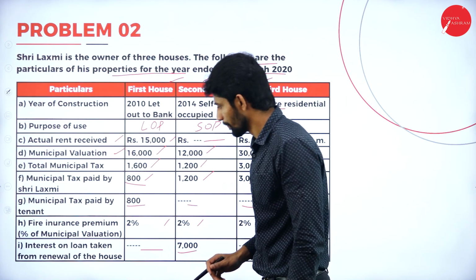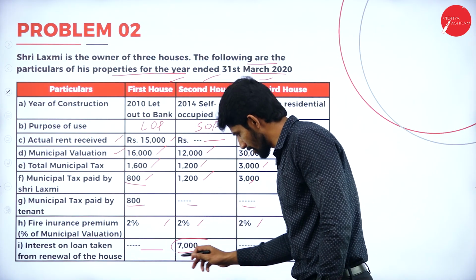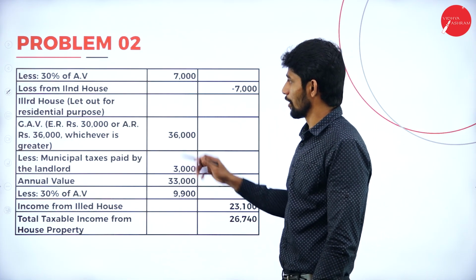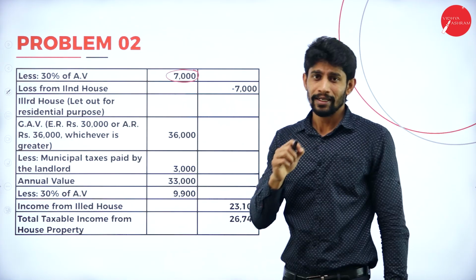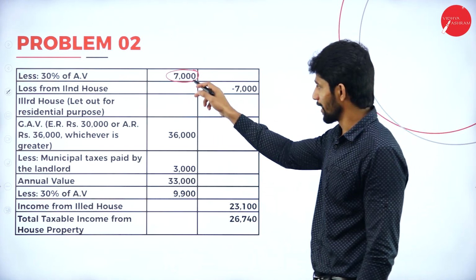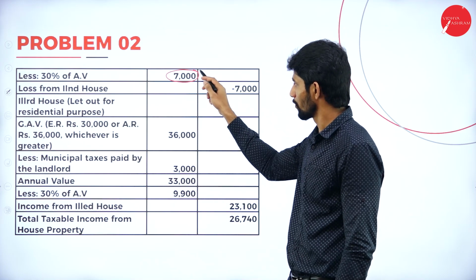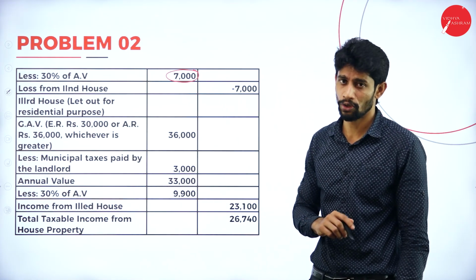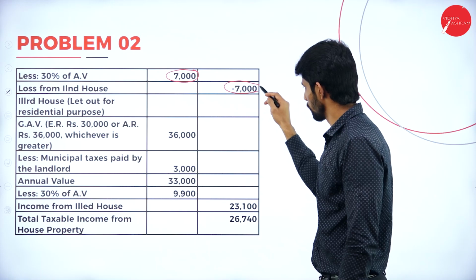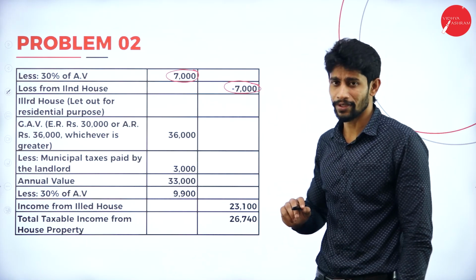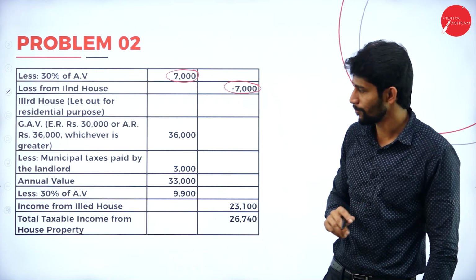Interest on loan is 7,000 on self-occupied property. That loan interest will be the expenditure for him, so we will be deducting it under section 24. So in place of 30% of annual value, we will show 7,000, that is interest on loan. So this 7,000 is going to be the loss from self-occupied property.